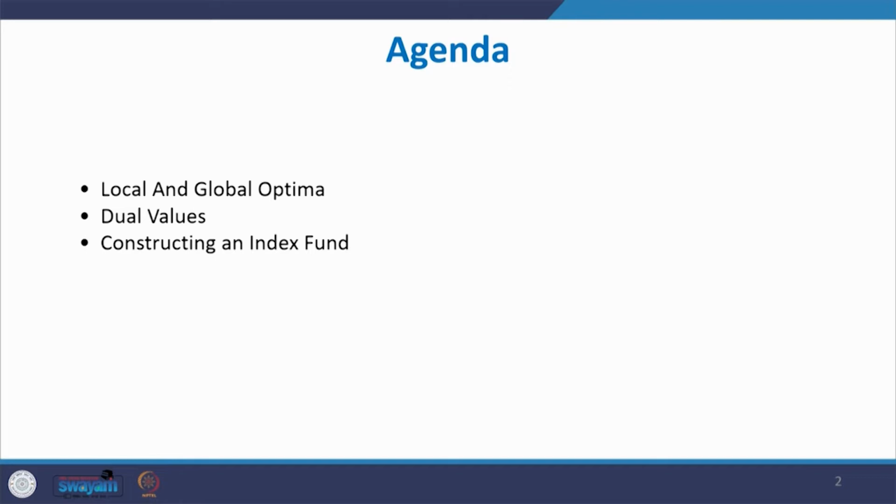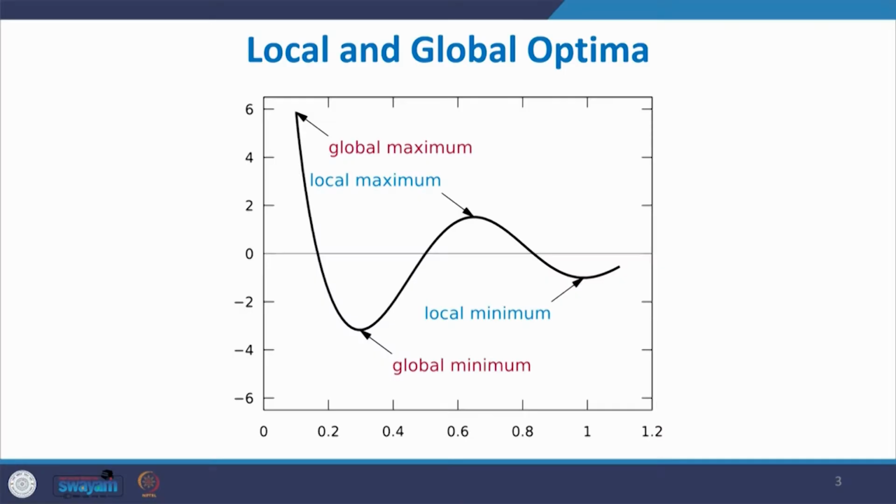After that, I have taken a sample problem on nonlinear programming. The problem name is index fund. For this problem I am going to formulate it as a nonlinear problem, then solve it. Before going to our problem, first we will understand some concepts on local and global optima.